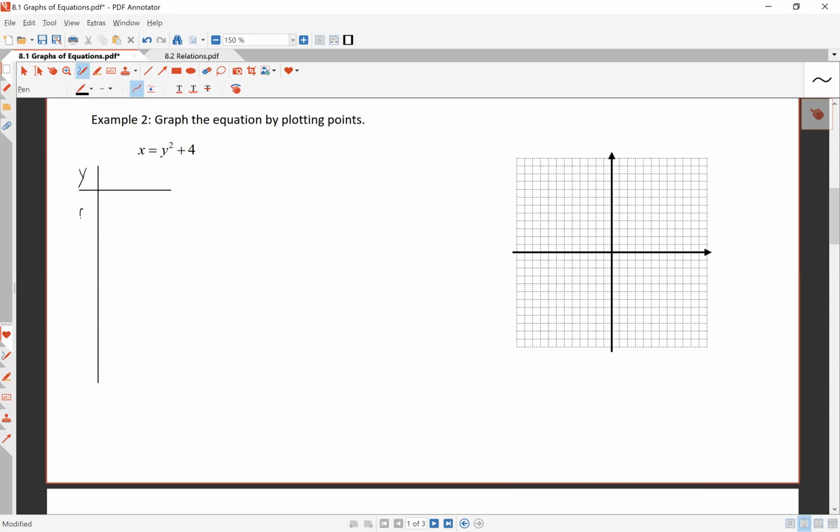If we plug in y equal to 0, then we have 0 squared plus 4, which is 0 plus 4, which is 4. If we plug in 1, then we have 1 squared is 1 plus 4 is 5.